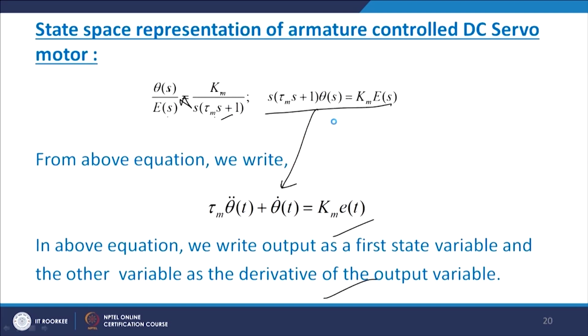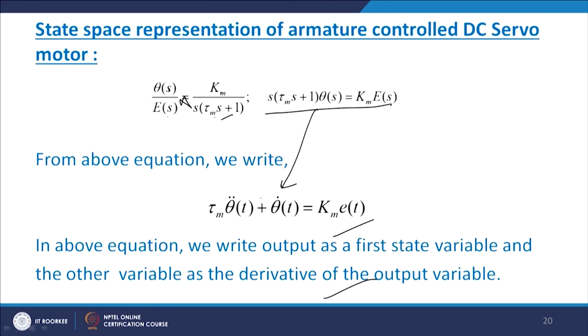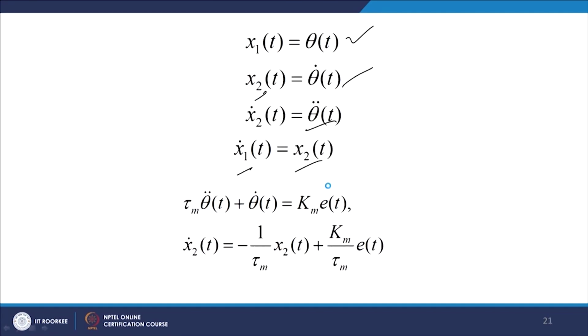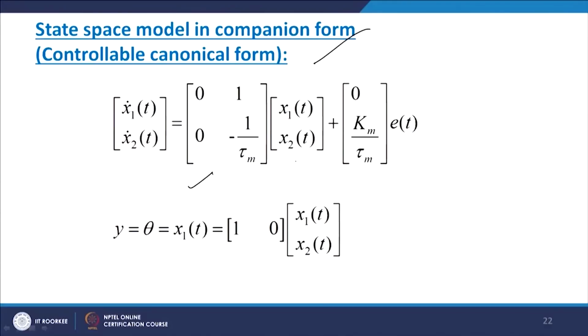Because here we require theta dot t, therefore x1 dot of t equals x2 of t, and after solving these particular equations we come across the value of x2 dot t like this. Finally this model has been presented in a companion form or controllable canonical form. So we have got this particular result.